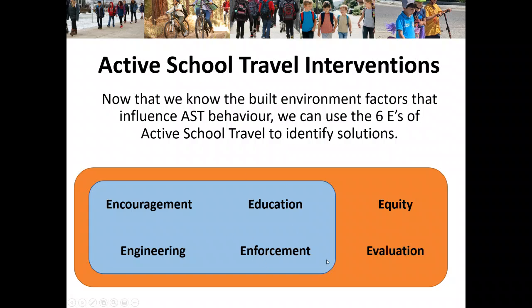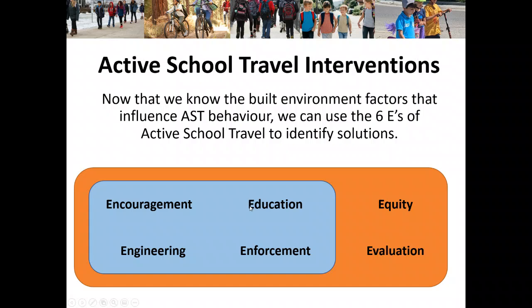So this is the last element, but in some cases it's needed, whether that's from police or from, oh my gosh, I'm drawing a blank here, from the bylaw officers, right? Sometimes it does need to happen after many reminders and working with families. But all that comes within the scope of equity and evaluation.